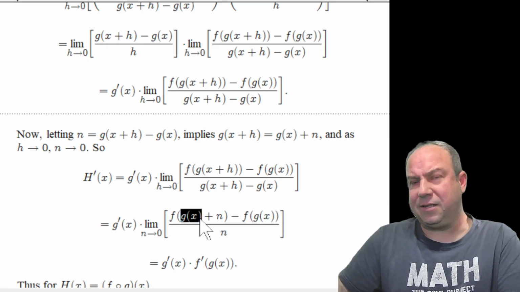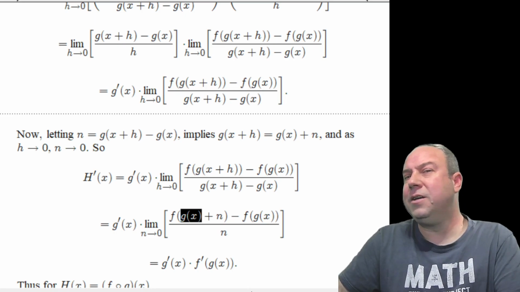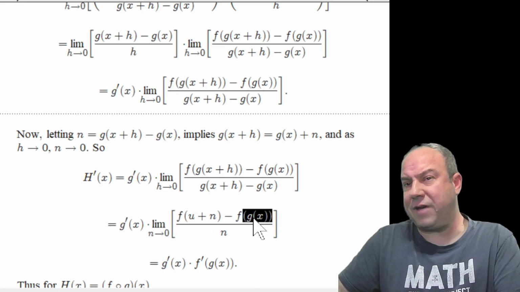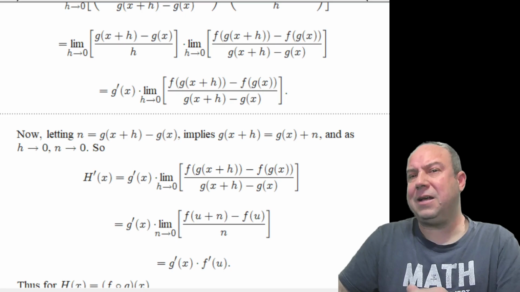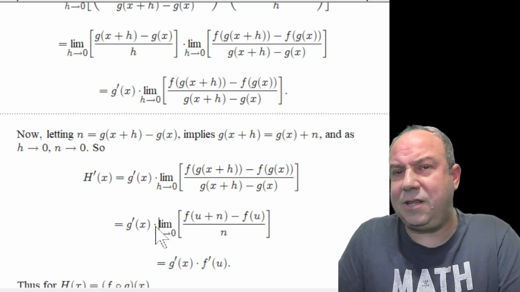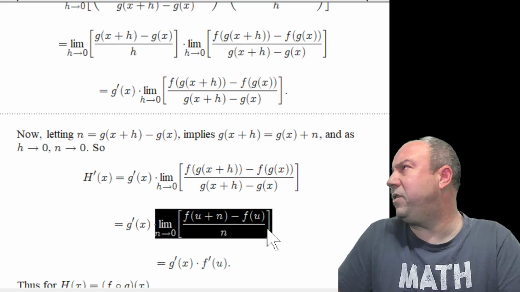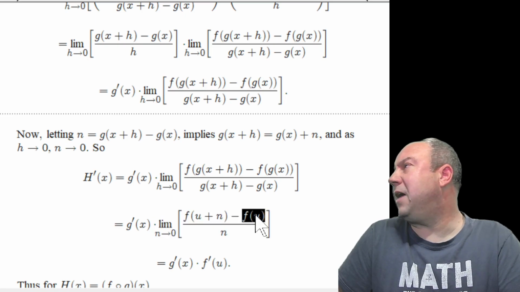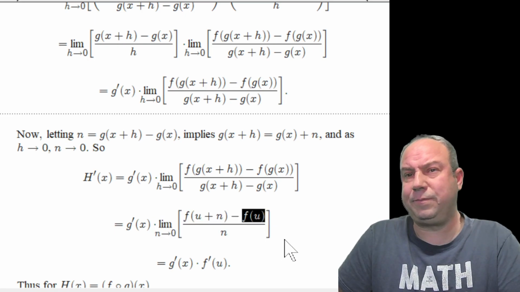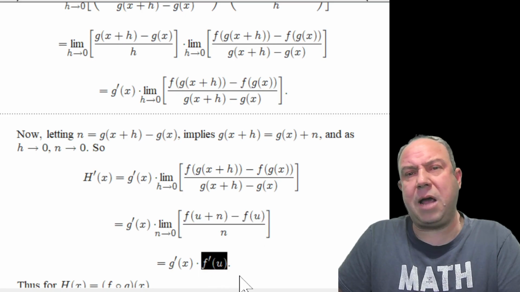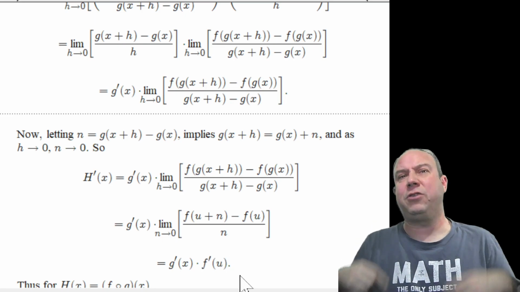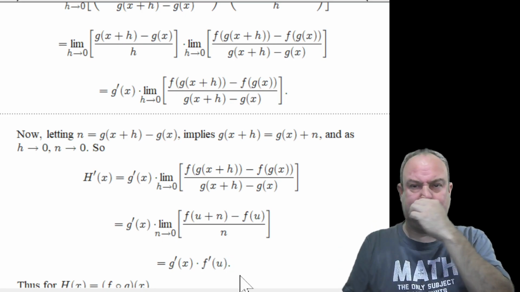If I go back and instead of using g of x, we let g of x equal u, and I substitute out with u there, you can see this is the definition of the derivative being applied to function f at u, which is going to have the result f prime of u, which we could say if we allow u to equal g of x.